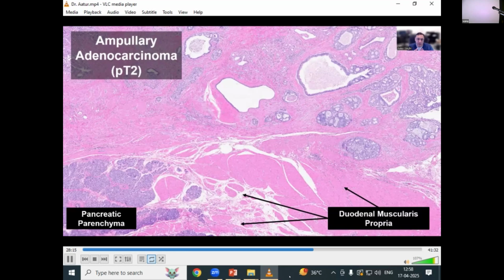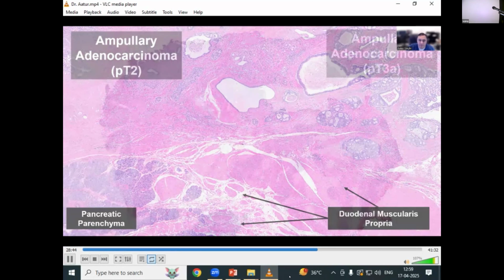Remember, the development of the pancreas is very much a multi-step process where you can have ectopic pancreatic tissue, and it's not surprising that you can have ectopic pancreatic parenchyma stuck in the ampullary wall itself, even in the duodenal muscularis propria. So it's important not to overstage these patients, and then look at those splayed layers of duodenal muscularis propria.